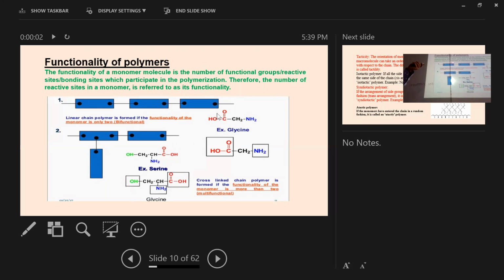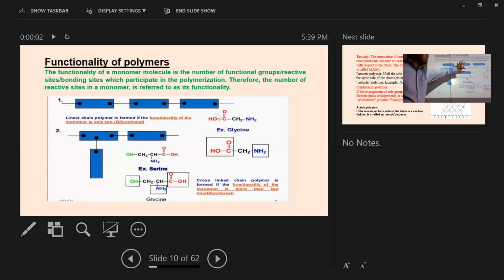That means if you have these types of monomer, this is one monomer, this is one monomer. If it is just bifunctional, this can work, but if one side is completely closed, in that case it cannot form the polymer. So it should have bifunctionality.